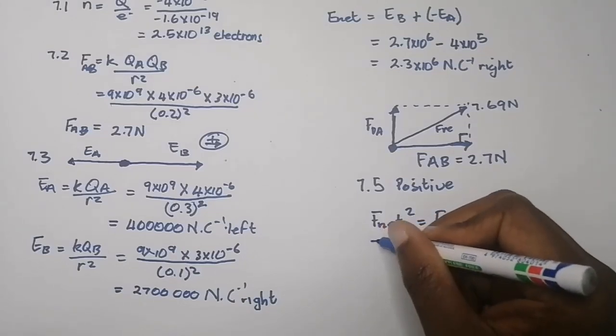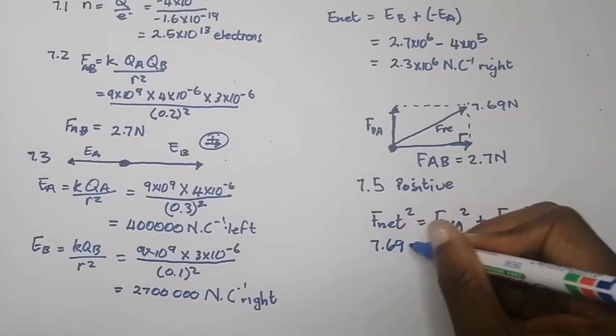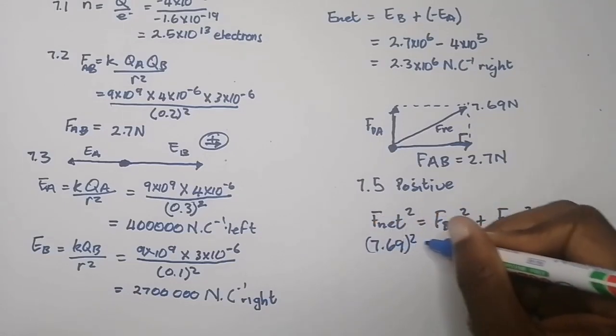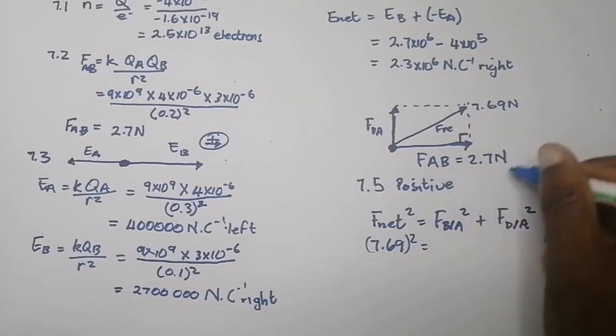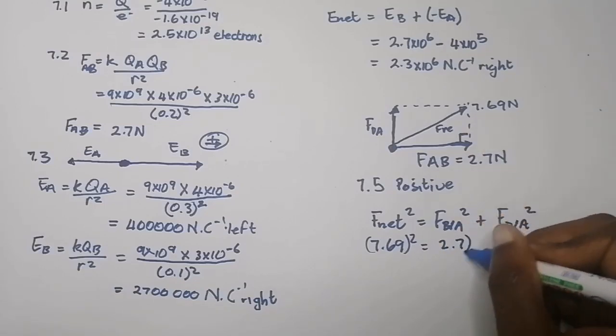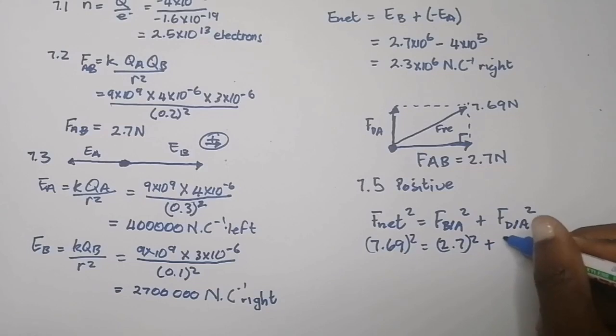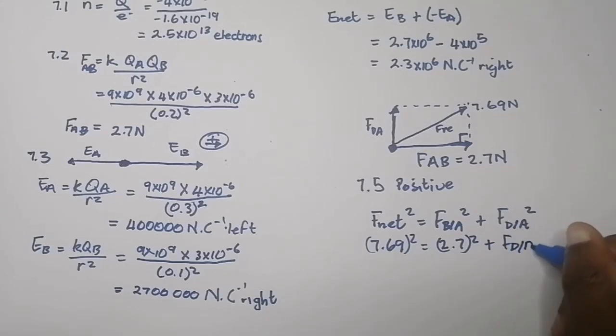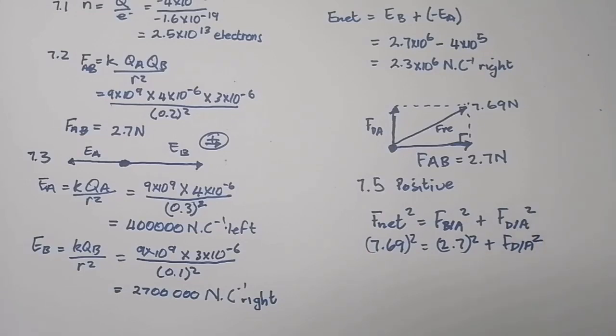But I already know this force. It's 7.69, the magnitude of it, so that's 7.69 squared. I know the force that B exerts on A, that's 2.7 squared. So we can find the force that D exerts on A. I can subtract that and take the square root.